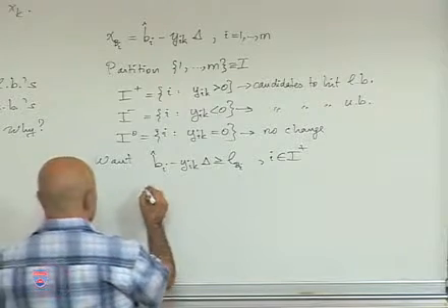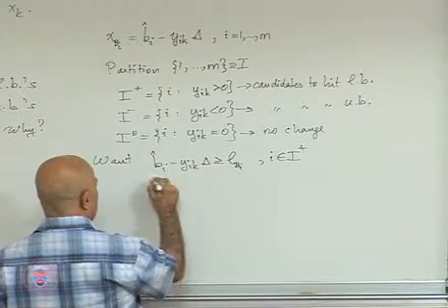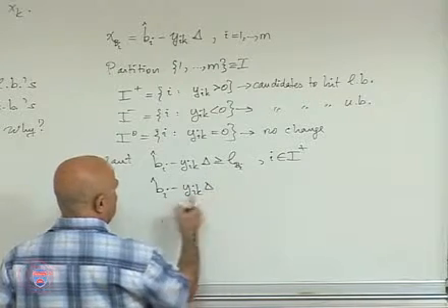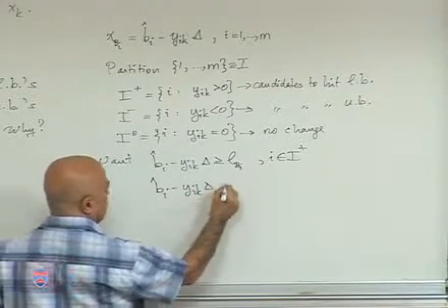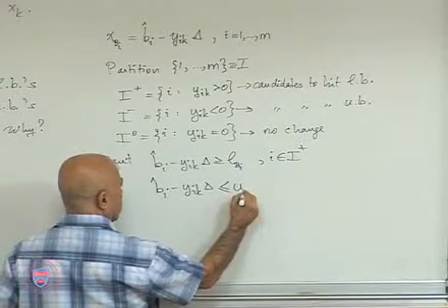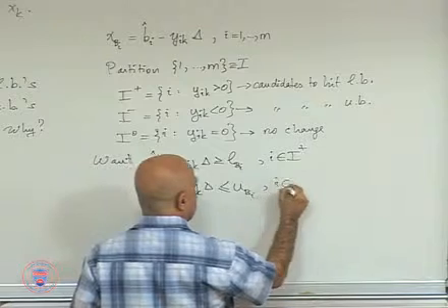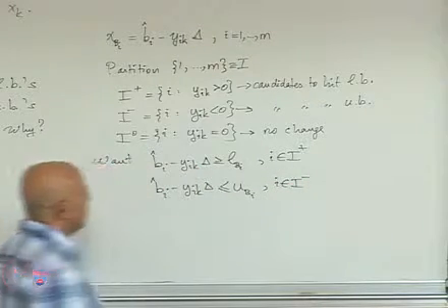The other ones, we want the new value to be less than or equal to the upper bound for i in I minus.